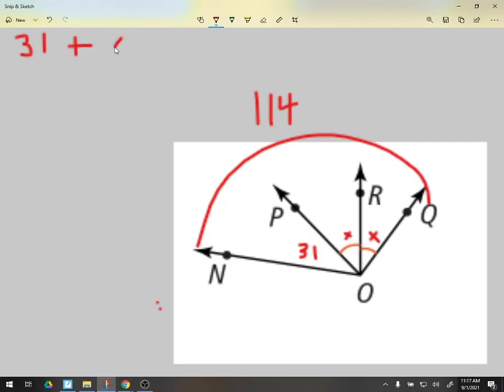So 31 plus x plus x is equal to 114. Well, instead of saying plus x, couldn't we say 2x? And say this is 31 plus 2x is equal to 114? So subtract the 31 from both sides, divide by 2, boom, you got your answer. So what is that, 83 divided by 2? Did I do that right?